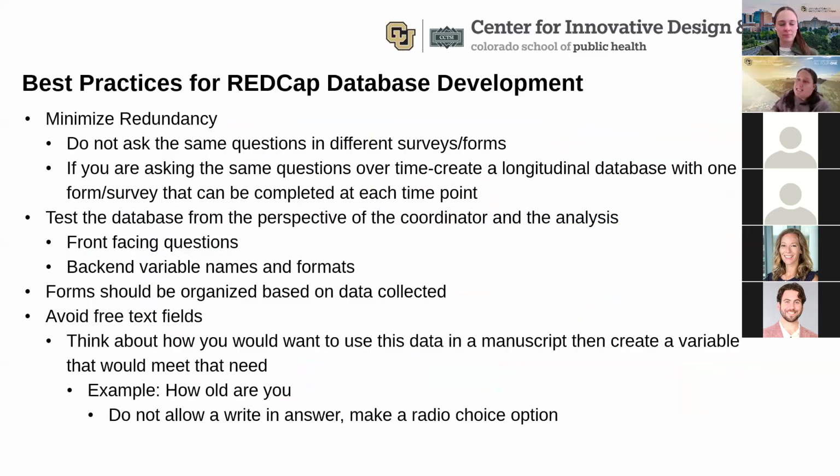So one of the best practices is to minimize redundancy. What this means is that you don't want to ask the same question on multiple different surveys and multiple different forms if it's something that is not going to change over time.